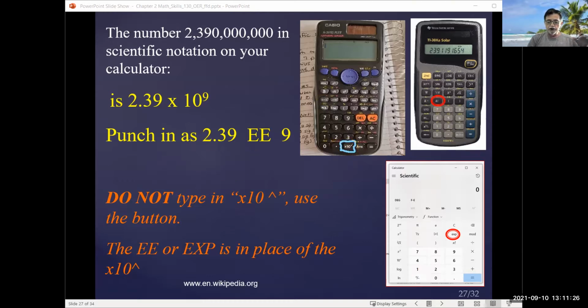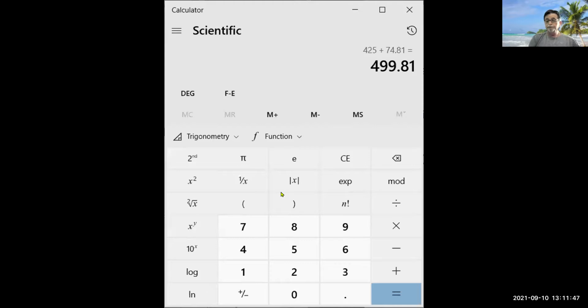And so let me share my calculator, and I'm going to input that number 2.39 times 10 to the 9th into the Windows calculator. Okay.